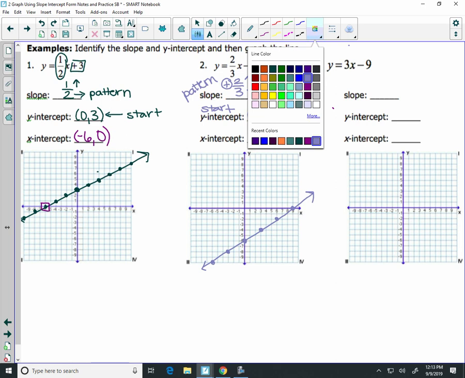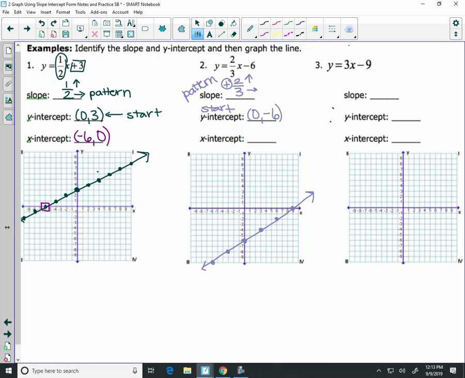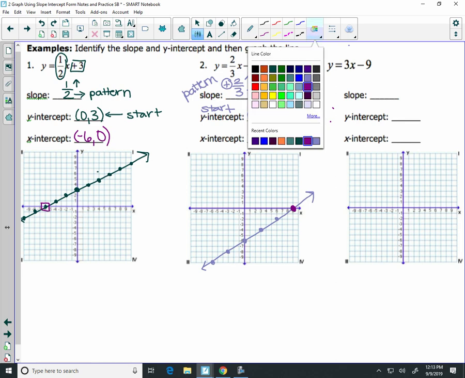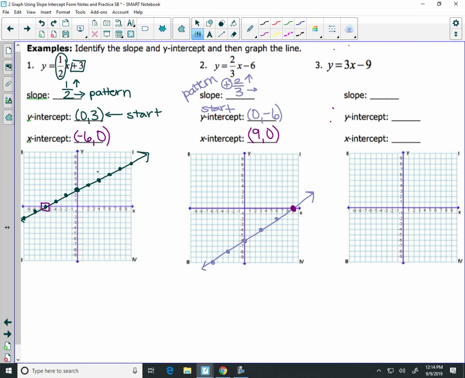All right, here our X-intercept is what? 3. Oh, that's our slope for our next one. What's our X-intercept? Number 2. Yeah, nice. I'm going to write that in there and 0. Cool. All right. So, Kaden told me that my slope is 3 for this next one. What's my Y-intercept? -9. So I'm going to start at -9. Thank you so much.